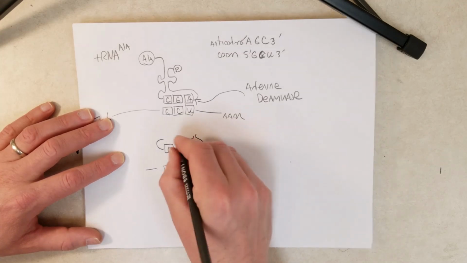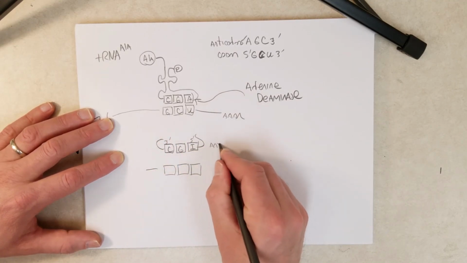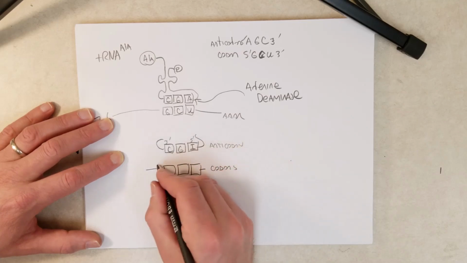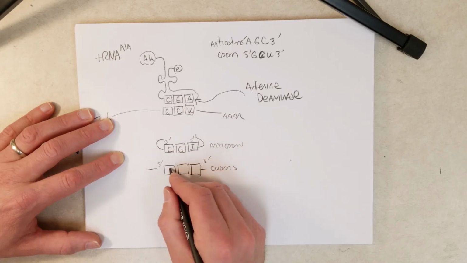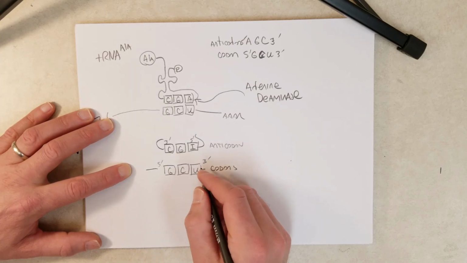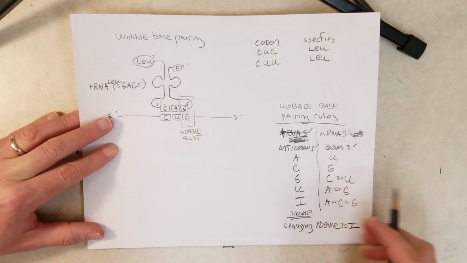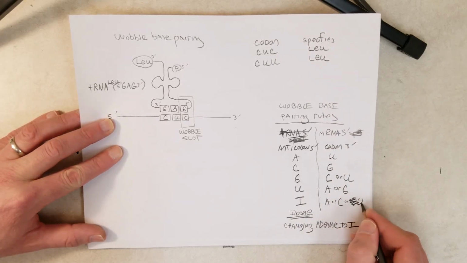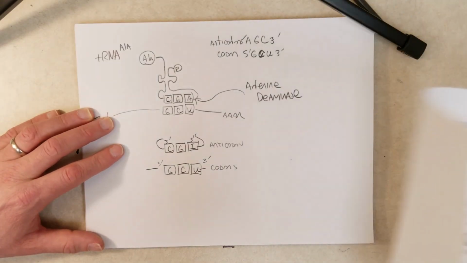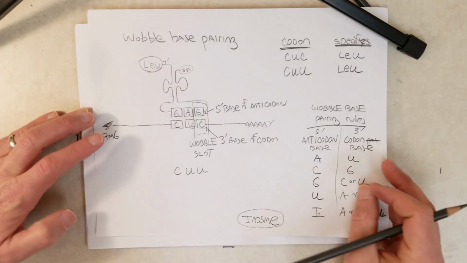So this is the 5' end and this is the 3' end of the anticodon, and these are the codons down here, 5' end, 3' end. I can pair with U. Let me check again: A, C, or U. Sorry, did I get that wrong again? There are too many notes here.